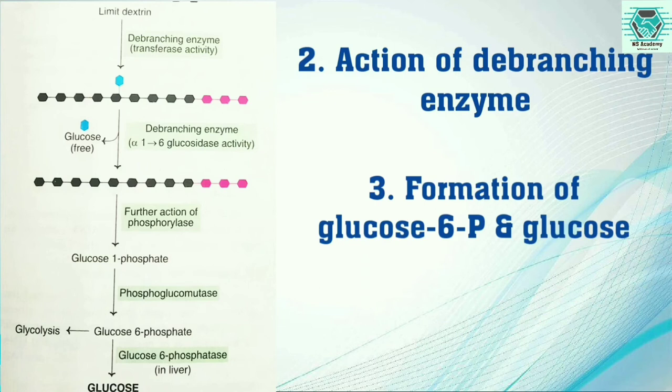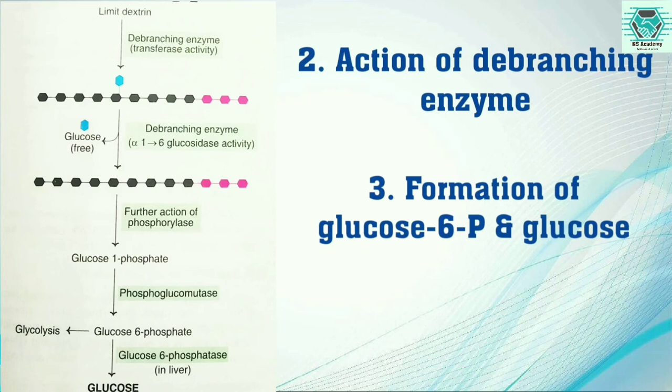Glycosyl 4:4 transferase activity removes a fragment of 3 or 4 glucose residues attached at a branch and transfers them to another chain. Here, one alpha-1,4 bond is cleaved and the same alpha-1,4 bond is made, but the places are different.